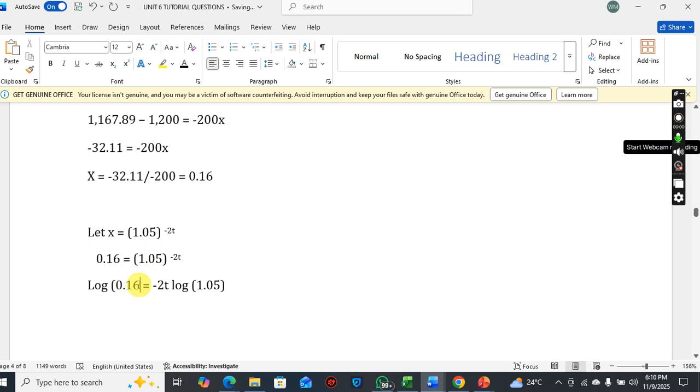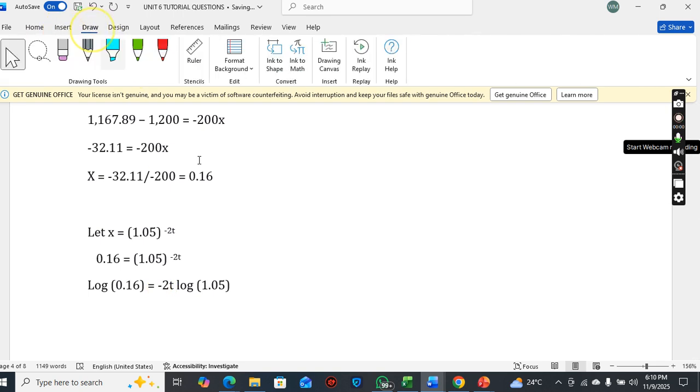When you introduce the logarithm, the power comes down. So we want to find the value of t, so it means we have to divide both sides by negative 2 log 1.05.